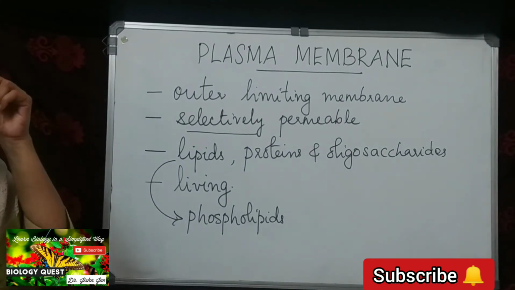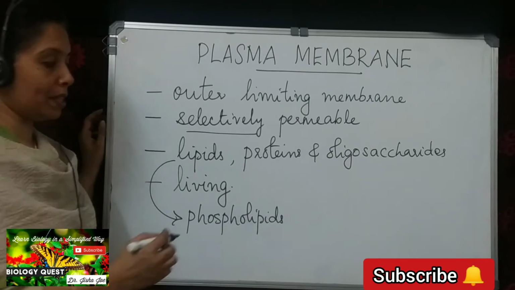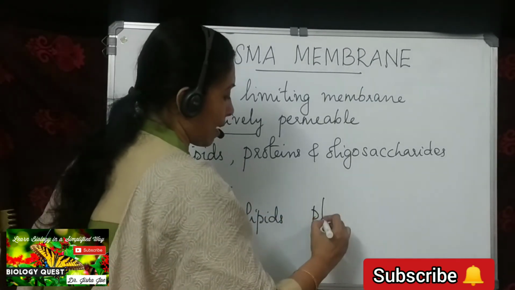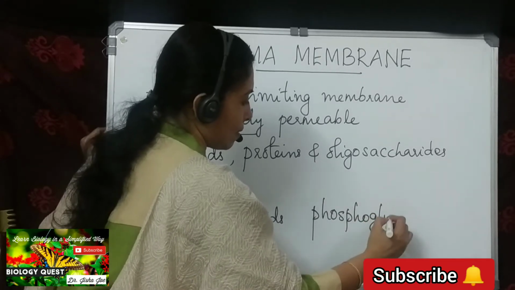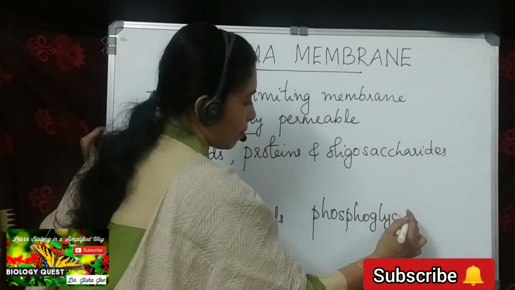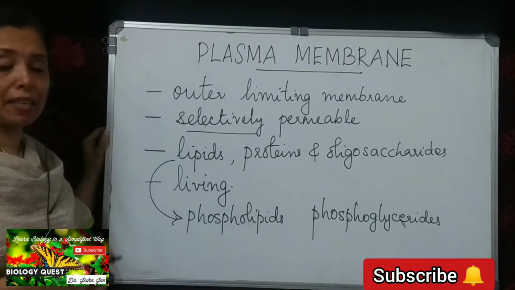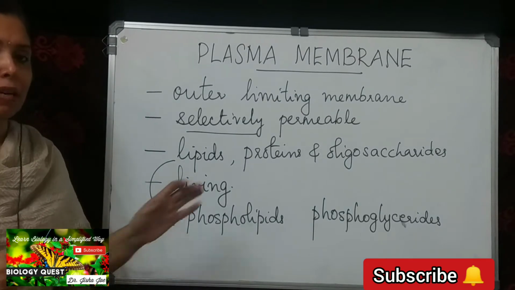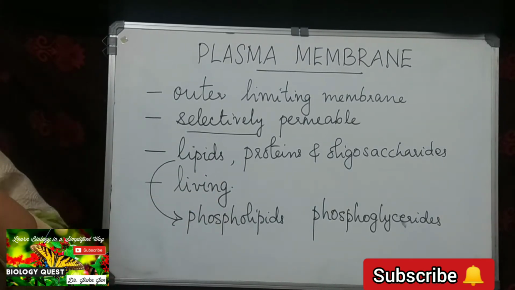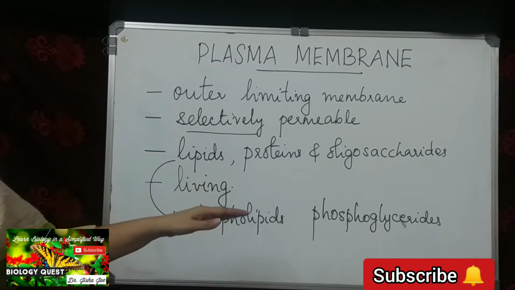And the phospholipids that are derived from glycerol are called phosphoglycerides. So the main lipid constituent in the plasma membrane is the phosphoglycerides.